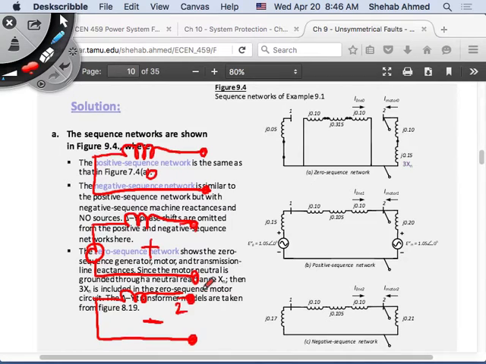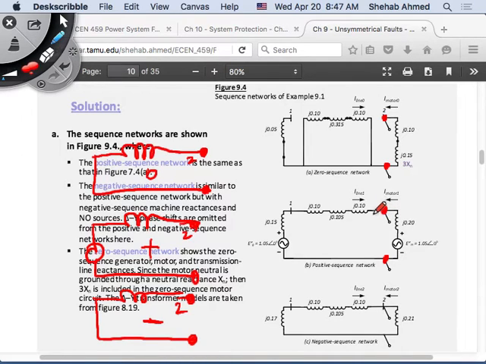Where? At bus 2. This is bus 2. This point is this point, and this point is this point. So I've come up with the Thevenin equivalent circuit for the circuits between these two nodes.